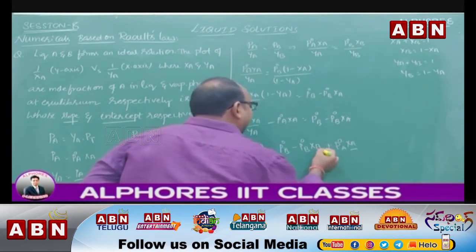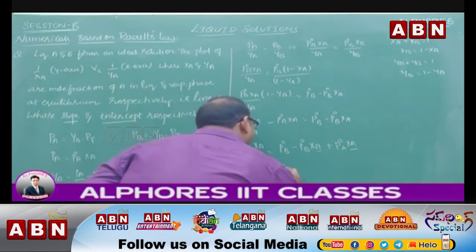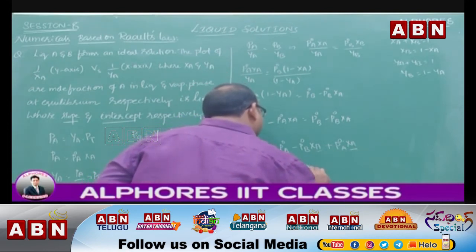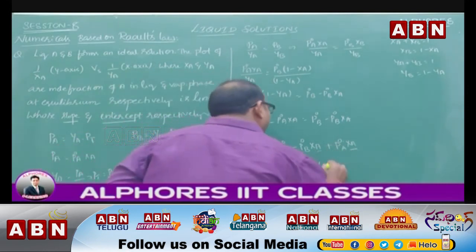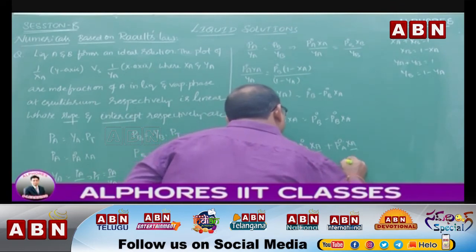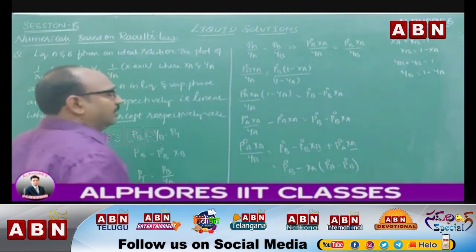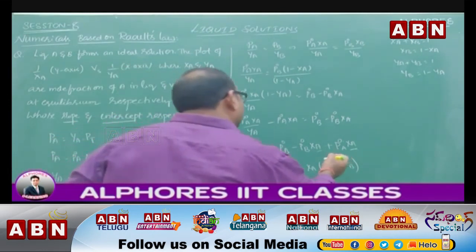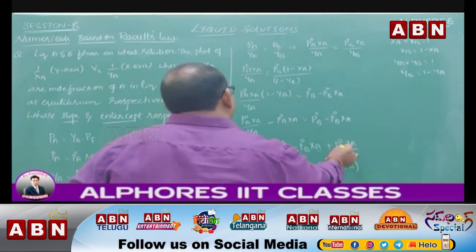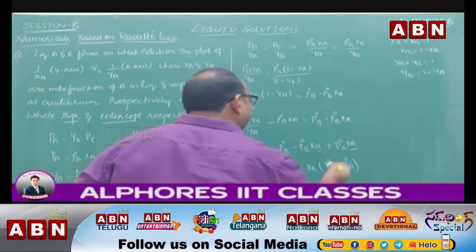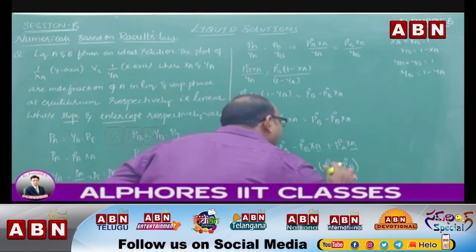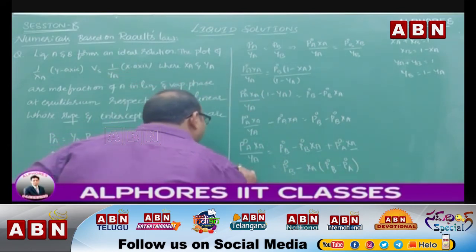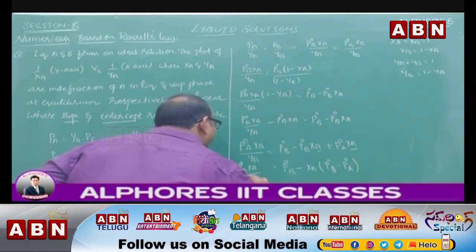Here in both terms XA is common, so we can write P naught B minus XA if you take common, P naught A minus P naught B. Minus XA, if you take common here, XA into P naught A minus P naught B, minus, when we consider here, P naught B minus P naught A. This is P naught A XA by YA.